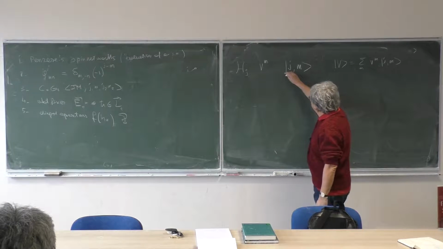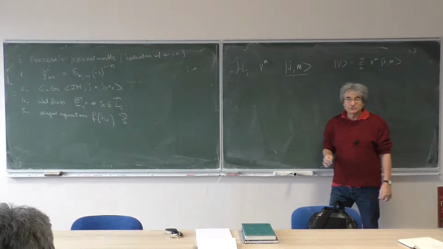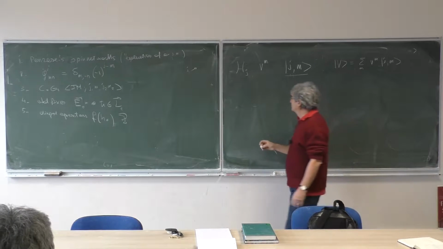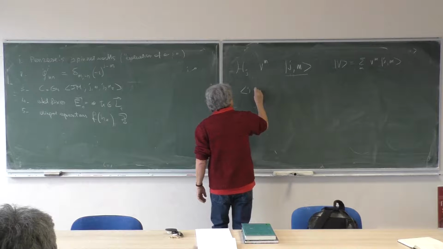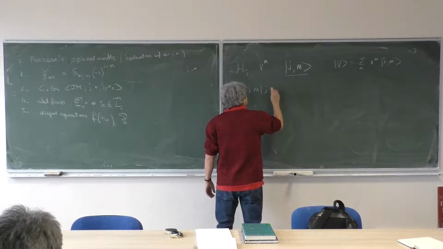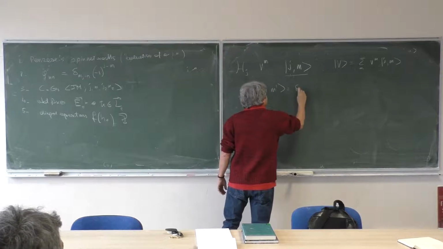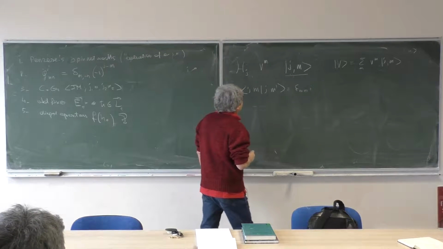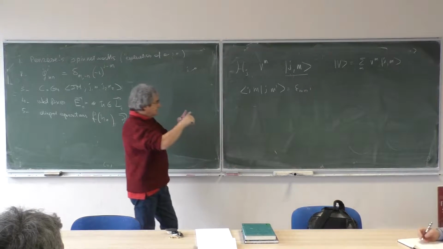Okay? And how is this map? Well, this is a basis, and it is an orthonormal basis of the diagonalized self-adjoint operator. So obviously <j,m|j,m'> is delta m m'. So that's a scalar product.